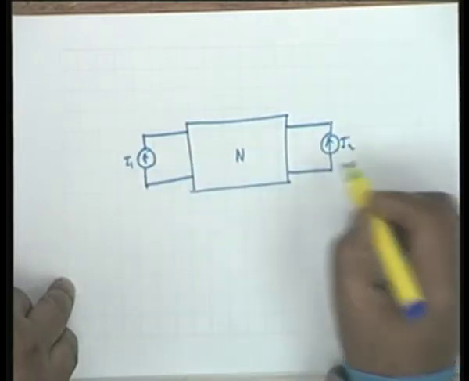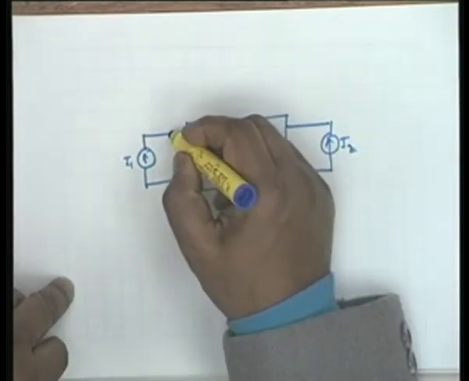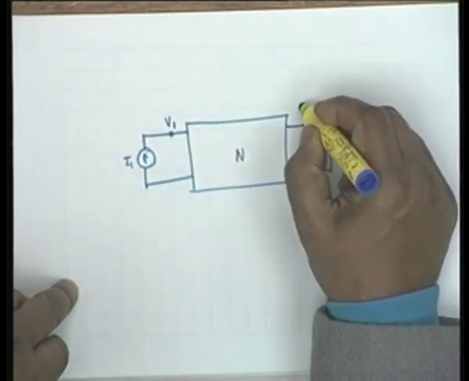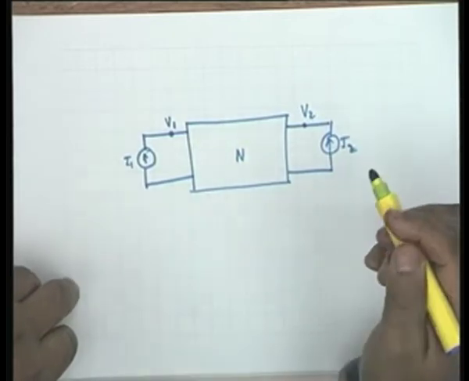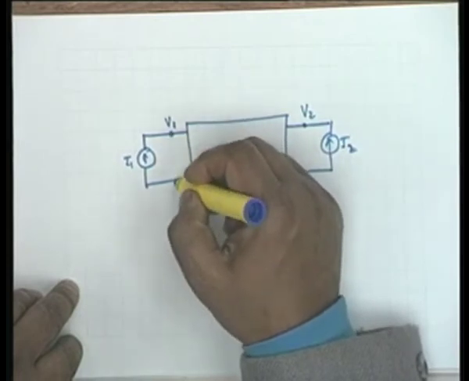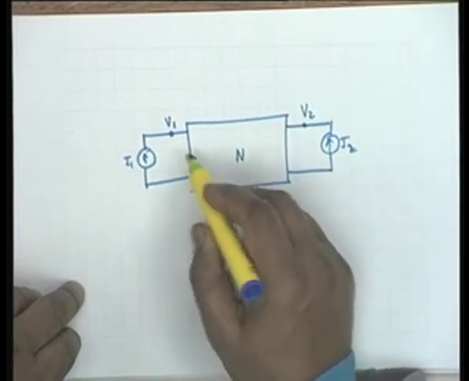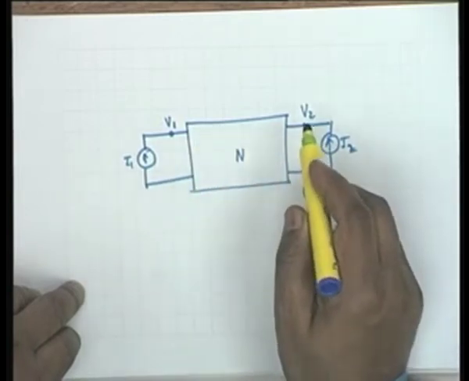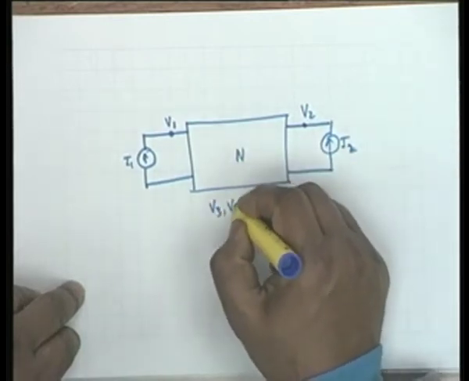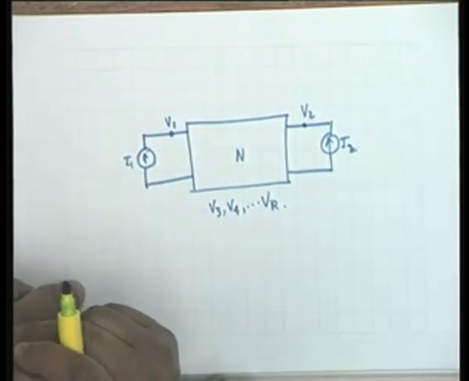These are after all the independent variables I1 and I2, and we identify this as one of the nodes, we call this V1, this as one of the nodes, call this V2, and so on. Well, V1 is between this point and this point, V2 is between this point and this point, and so on. And let us say these are the external nodes. Let us say there are other nodes inside the network, we call them V3, V4 to let us say Vk. There are k plus 2 nodes.